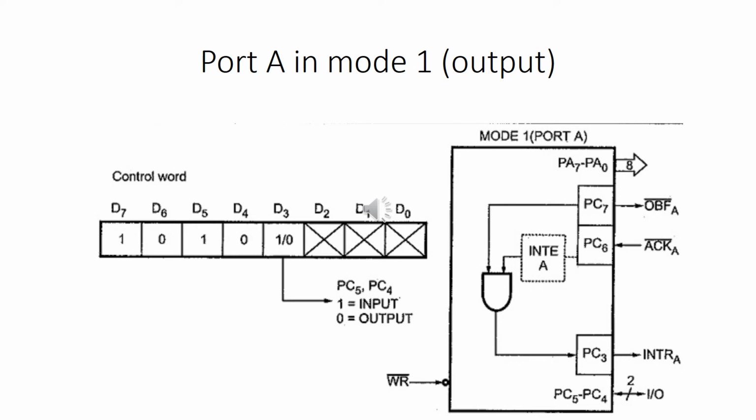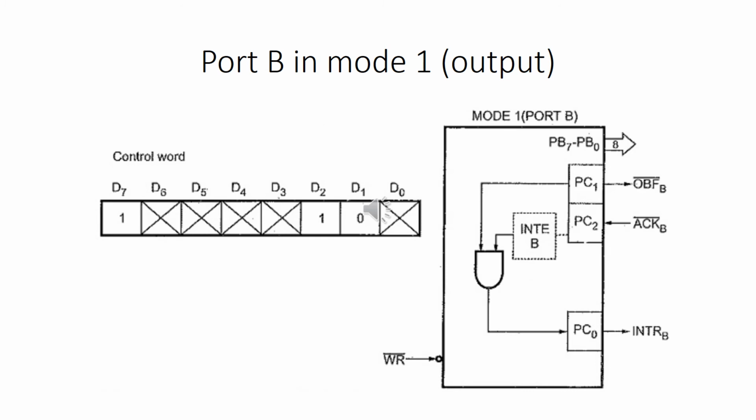As I can see, D0, D1, D2 are never used. When we consider 8255, the write bar is enabled. Look at the input output devices signals. Now we have OBF and ACK, that is the acknowledge signal. In the previous case we had IBF and strobe signals.